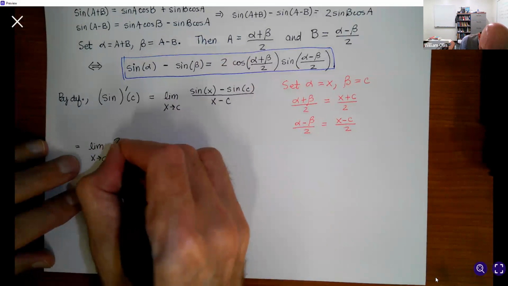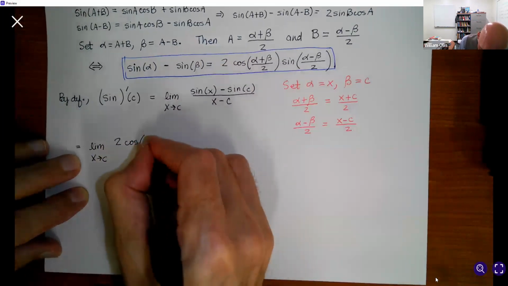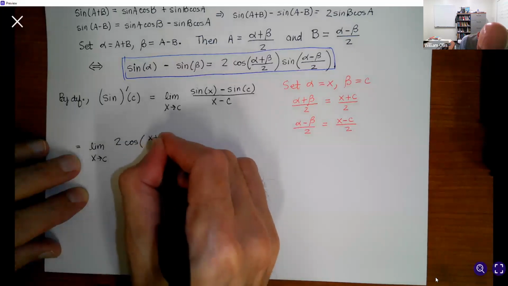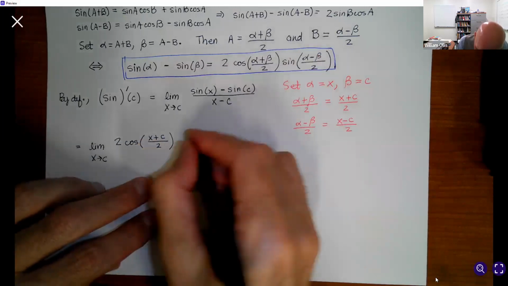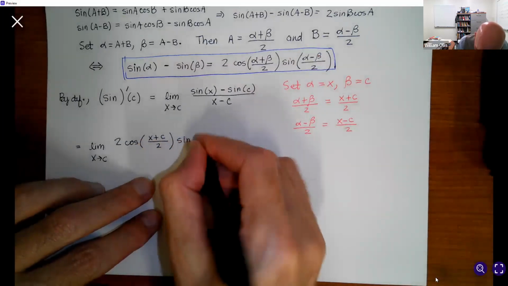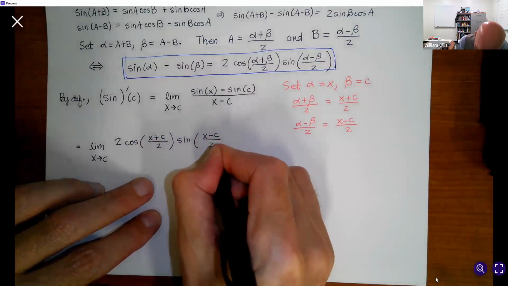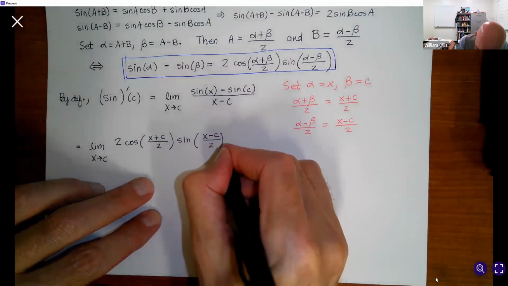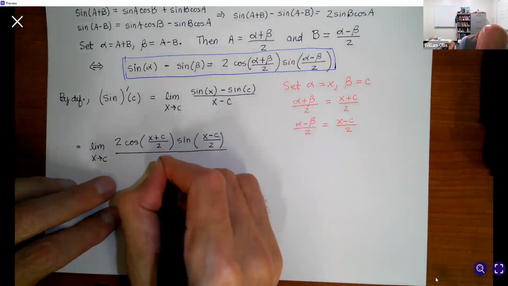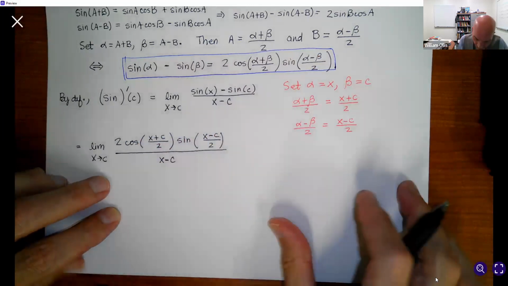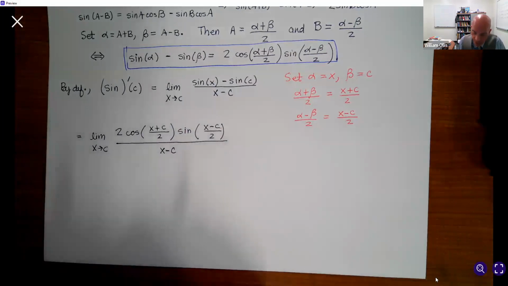So we have 2 cosine of alpha plus beta over 2, which is x plus c over 2, and then sine of x minus c over 2. We do need that x minus c right there, divided by x minus c. What's nice about this is that we have all the ingredients to make this work.